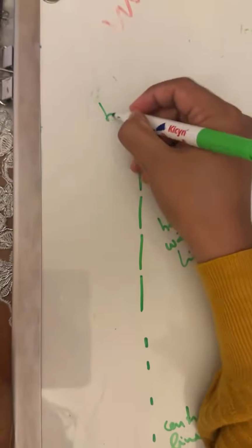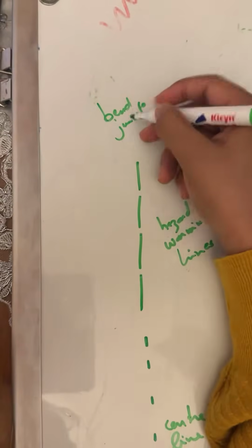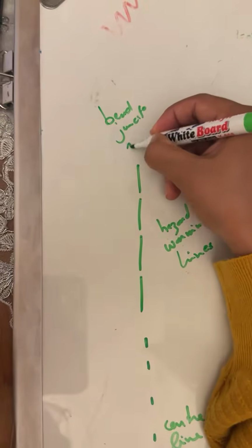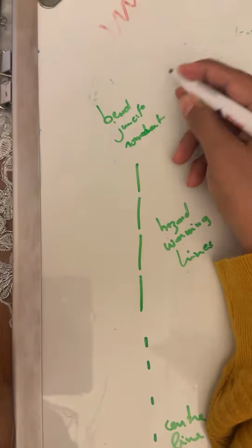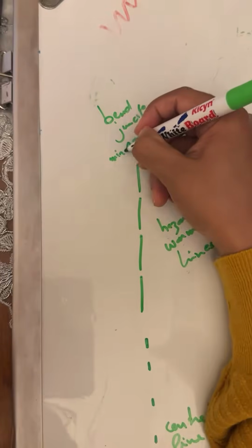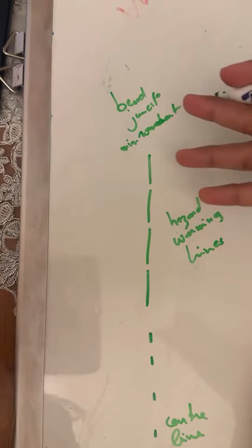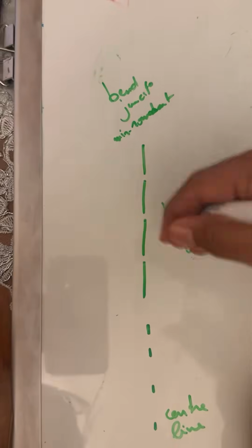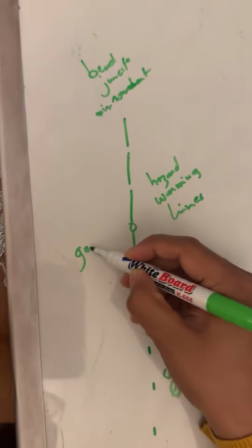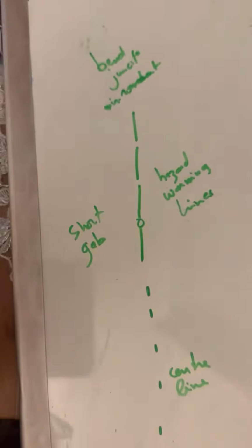It could be a bend, a junction, a roundabout, or a mini roundabout. It could be anything that you need to slow down for and take the right action in good time. Hazard warning lines are longer than the gap. The gap here is short comparing to the lines.